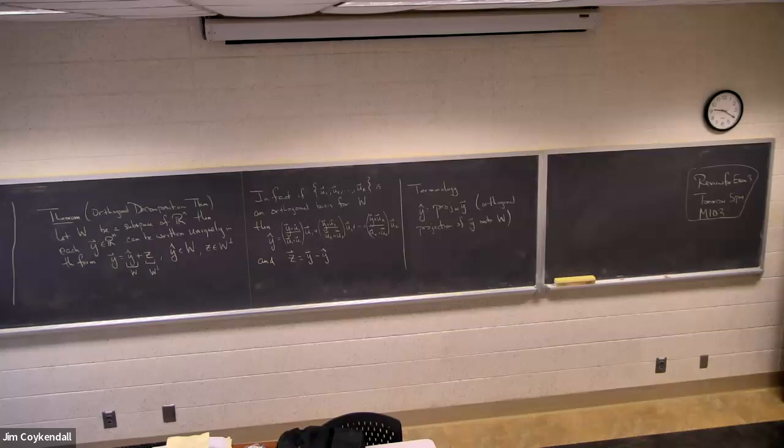But what did I assume after the in fact statement? Isn't that statement on the middle board, on the left side, assuming that I have an orthogonal basis? I do know this much: we know so far in the class that if W is a subspace, it has a basis.